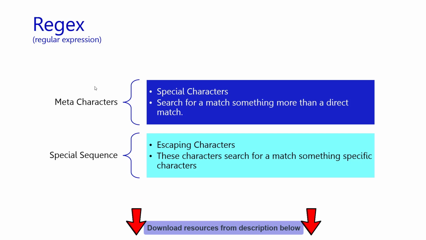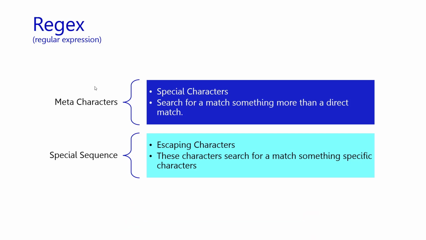These are used to match something which is more than a direct match, whereas special sequence characters are also known as escape characters. These characters are used to match something which is a direct match. If you are looking for some specific search, we can use special sequence characters to match that pattern.